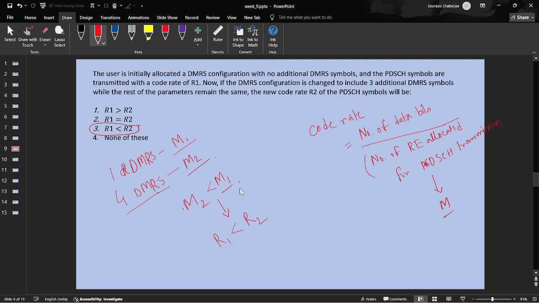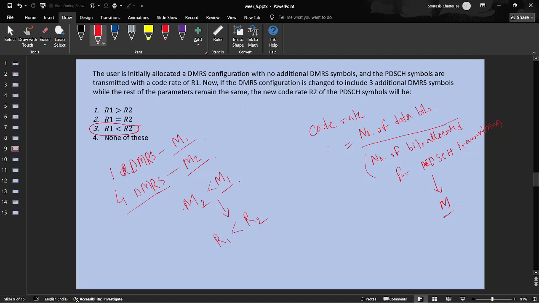I think the denominator will not be resource elements, it will be the number of bits only. Bits available for transmission within a resource grid. So let me just change it: number of bits allowed for PDSCH transmission. Now M2 reduces, right?